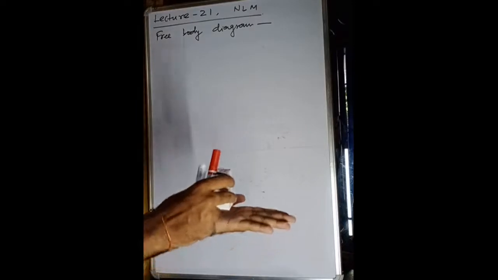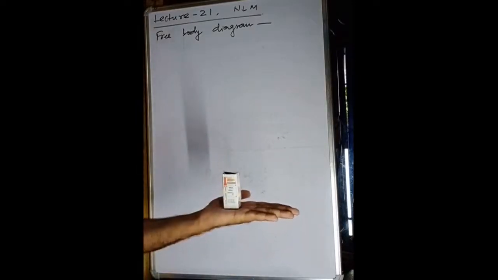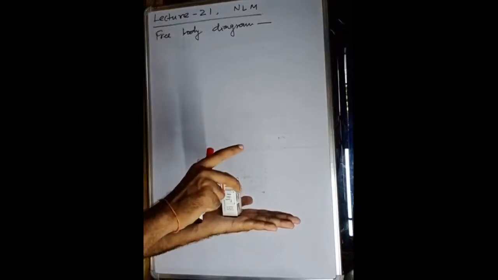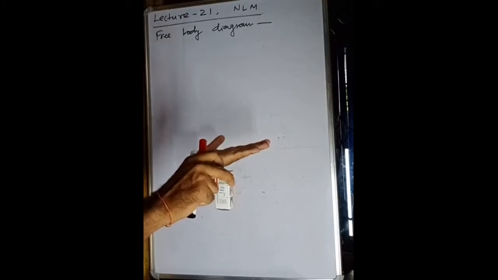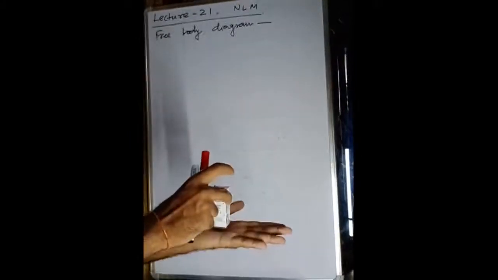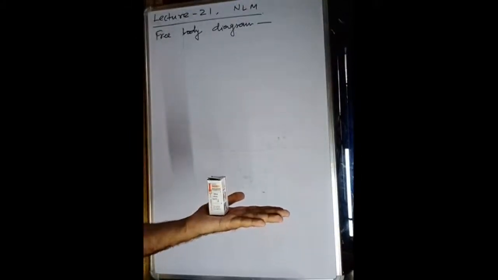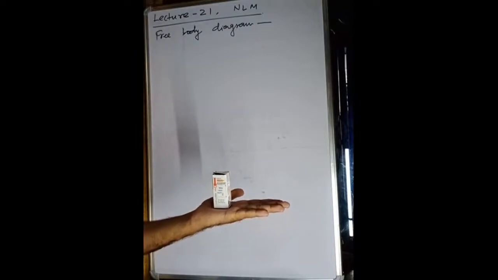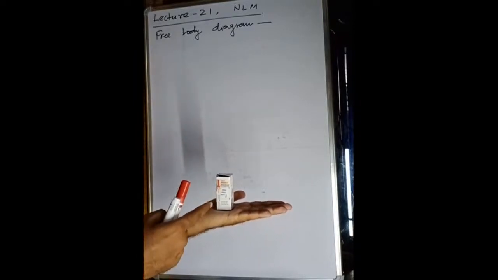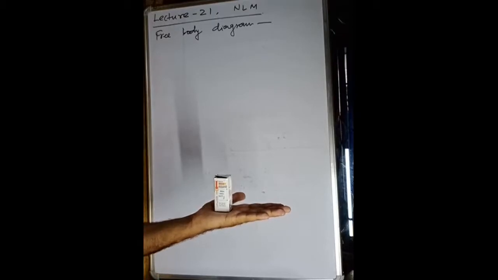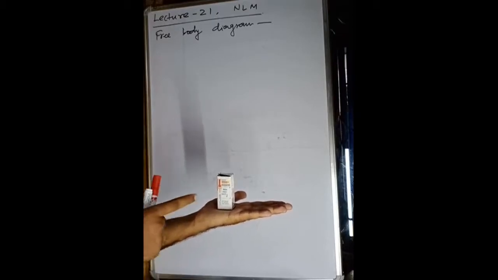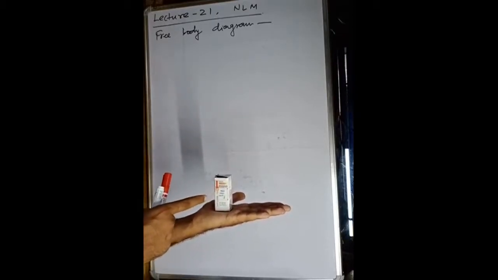Suppose, my dear students, I am having a body over my palm. If I just remove the palm, what will happen? This box will fall down. But the concept of free body diagram is actually telling you to specify all the forces which are acting over this box, that is, represent all the forces acting over the box, because of which that box is not falling down.